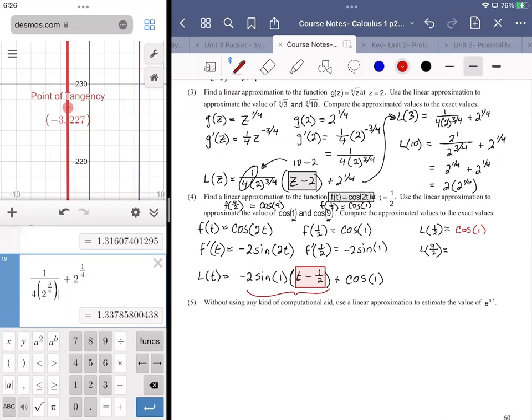We don't choose the number itself, because then something like this will happen, and you end up going around in circles. But if I plug in a 9/2, 9/2 minus 1/2 is 8/2, which is 4. So I get -8 sine 1 plus cosine 1.